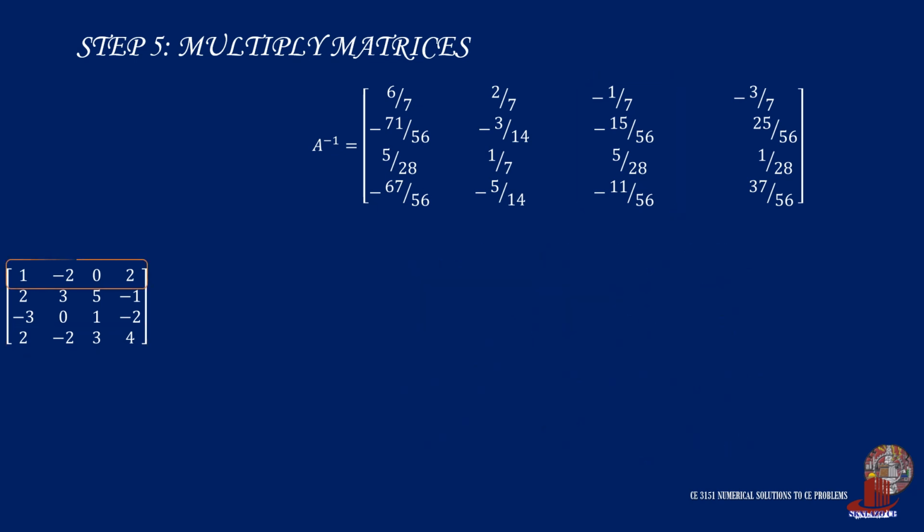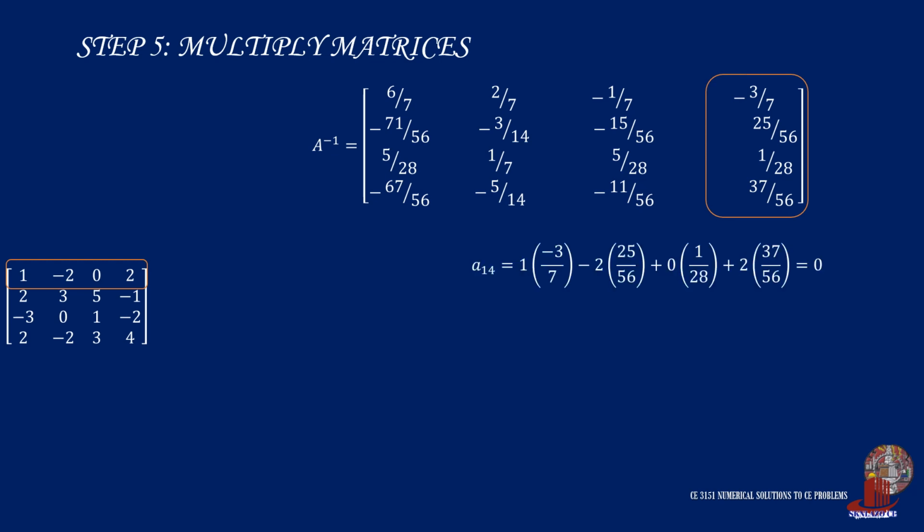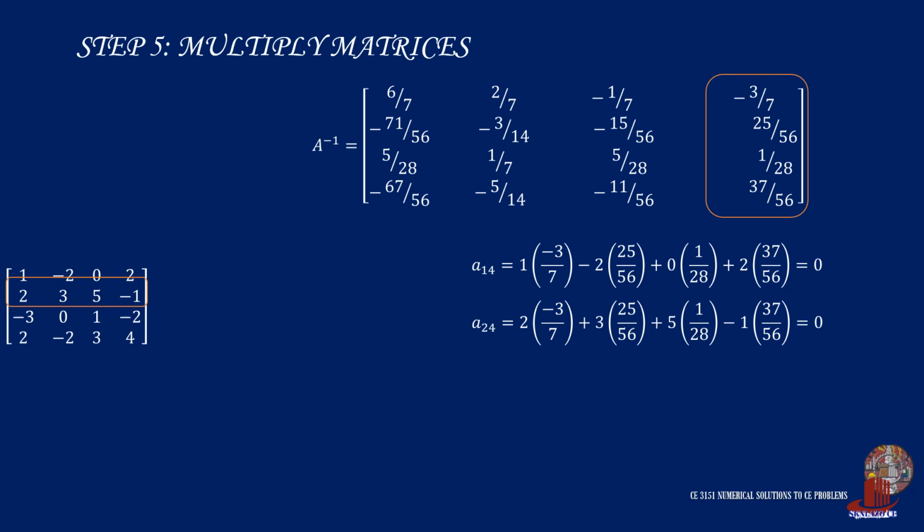The last column will complete the proof. So with the first row, we have element A14, with 1 times -3/7 minus twice of 25 over 56 plus 0 with 1 all over 28 plus 2 times 37 over 56, and it equals to 0. Element A24 has twice of -3/7 plus thrice of 25 over 56 plus 5 times 1 all over 28 minus 1 times 37 all over 56, and it gives 0.